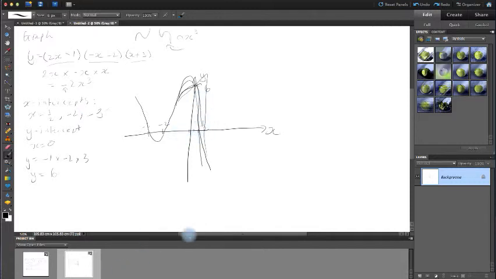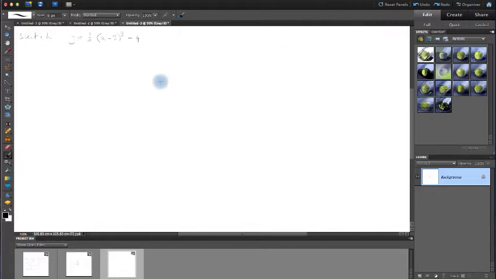Okay, now for our second example. Okay, so here's our second example. We're asked to sketch y equals half x minus 3 cubed minus 4. So we notice that this is one that's going to only have a point of inflection rather than several different x-intercepts. So we know it's based off a graph that looks like this because our first term, a, is positive.